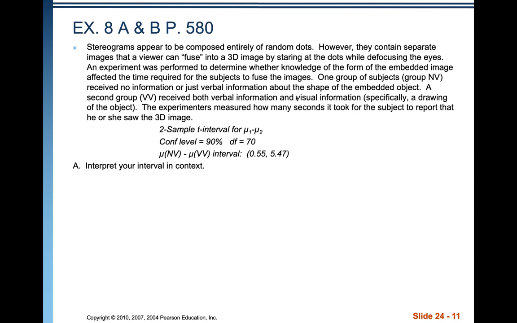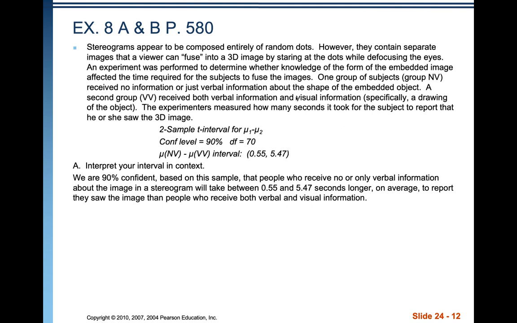A second group, VV, received both verbal information and visual information, specifically a drawing of the object. The experimenters measured how many seconds it took for the subject to report that he or she saw the 3D image. And so a 90% confidence level was used, and there are 70 degrees of freedom, and we end up with a confidence interval of 0.55 and 5.47.